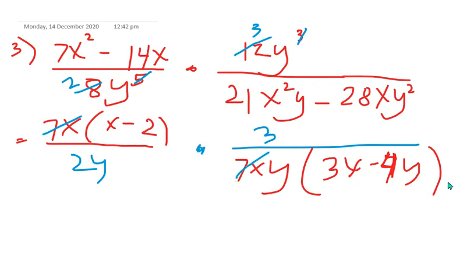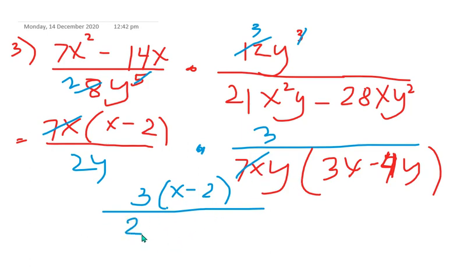So what remains in the numerator is 3 times (x minus 2) over 2 times y squared, and then y to the first power plus 2 is cubed, times (3x minus 4y).